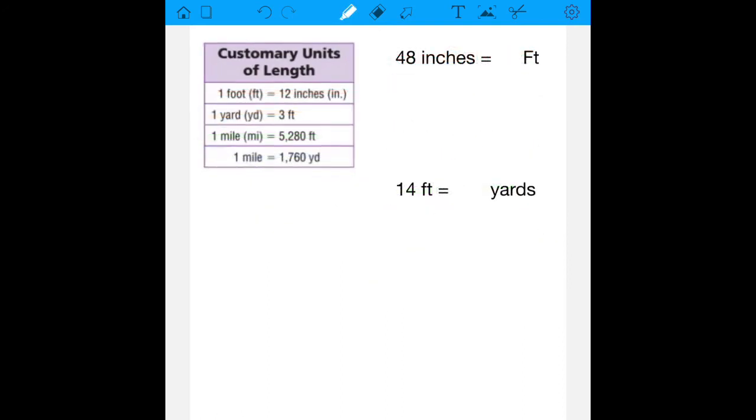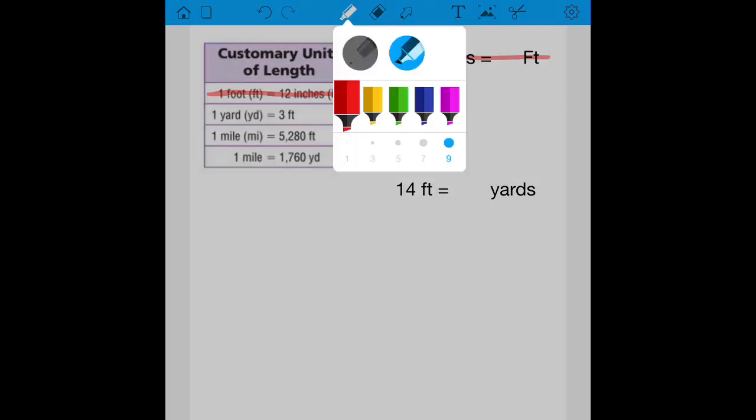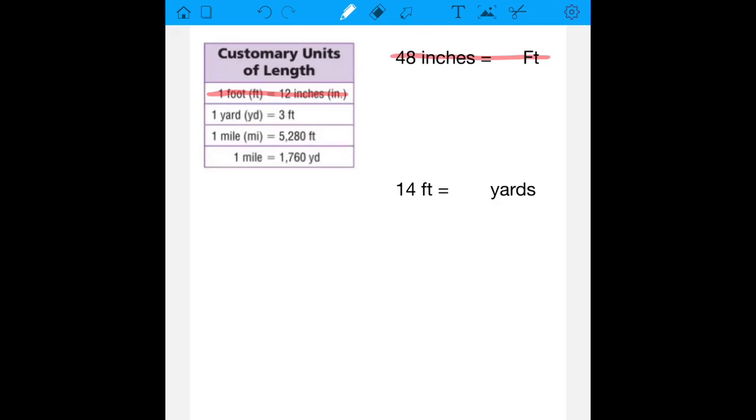So let's take a look at this again, but this time we're going to go a little bit differently, because in this case we know how many inches and we want to change that over to feet. So I'm going to look at my chart again, and I can see that 1 foot equals 12 inches. Or in this case, I can look at this as saying 12 inches is equal to 1 foot. Well, I know how many inches I have. I have 48 inches, but I don't know how many feet.